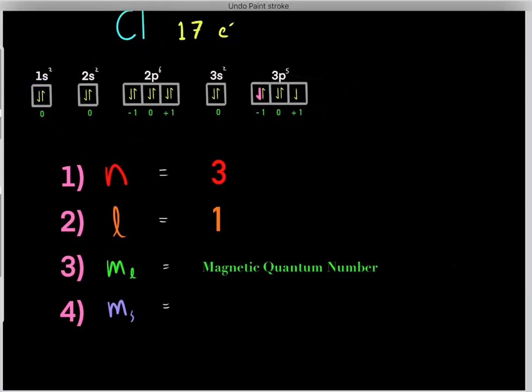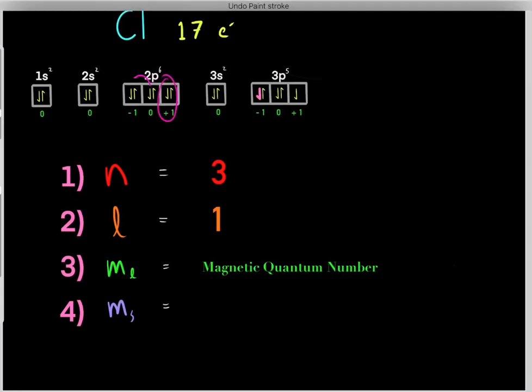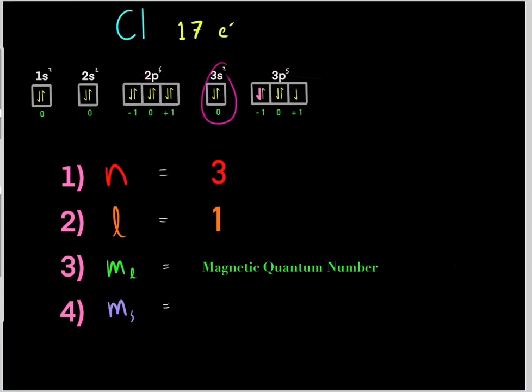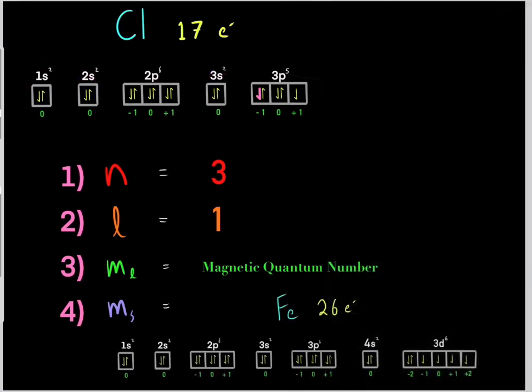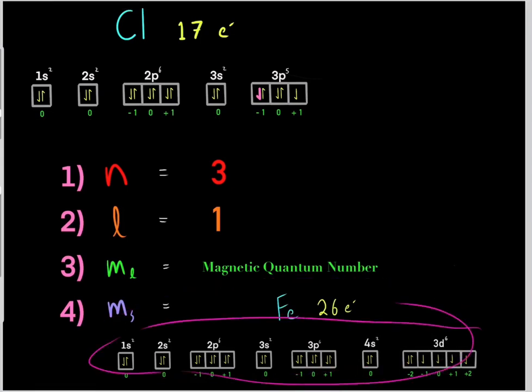It's pretty straightforward. For example, this 2p orbital, this orbital has a magnetic quantum number of 0, and then on the adjacent orbitals we have -1 and +1. And for these s orbitals, we only have one orbital, so the magnetic quantum number is 0. And to help see the pattern, let's look at iron. Iron would have magnetic quantum numbers that look like this.